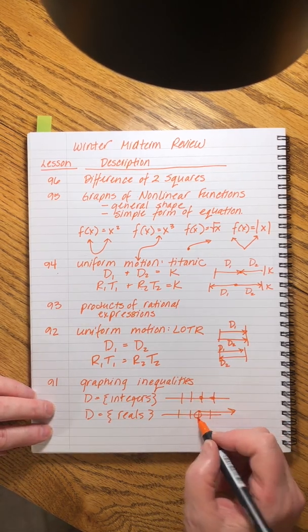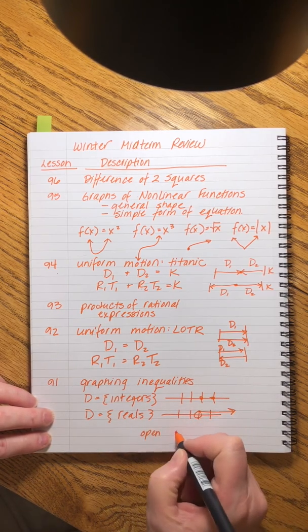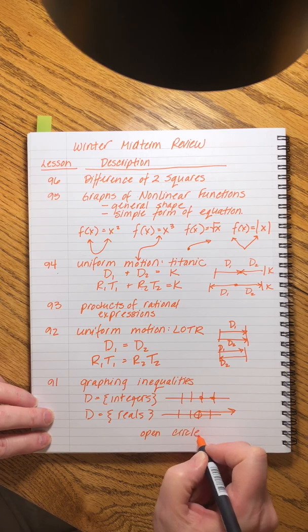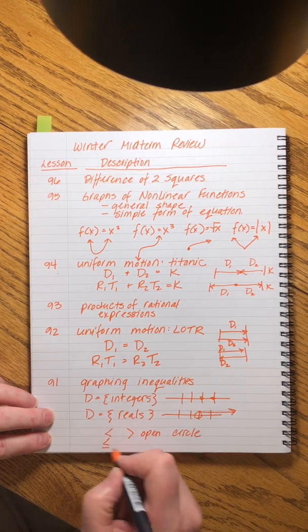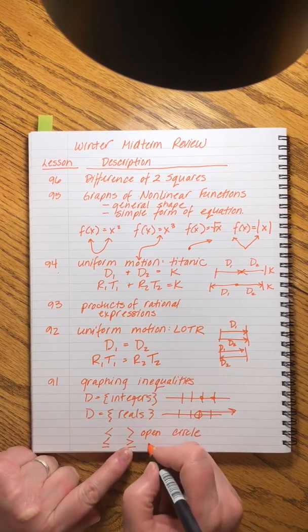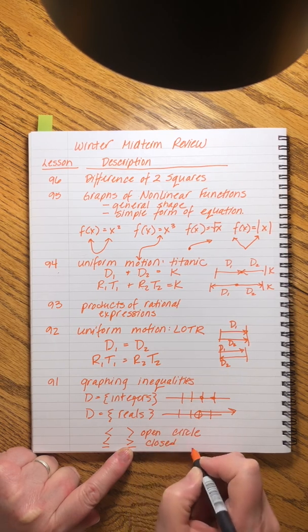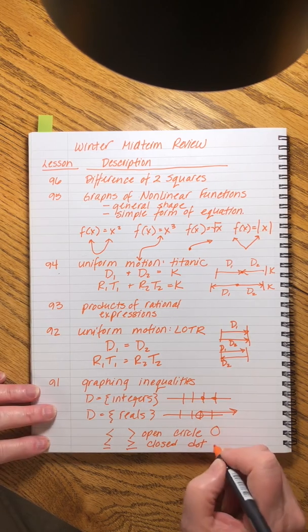Remember that the circle, an open circle, is what we use when we want to graph a less than or a greater than. And then if we want to reflect equal to, then we use a closed dot, okay, meaning it's filled in.